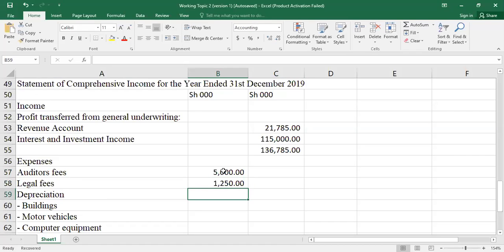Then you go now to the depreciation of the non-current assets. You have the buildings. You've been given the provision for depreciation and we've been told that it is made using the straight line method. The rates have been given down there: buildings 2%, motor vehicle 20%, computer equipment 15%, furniture and fixtures 5%.